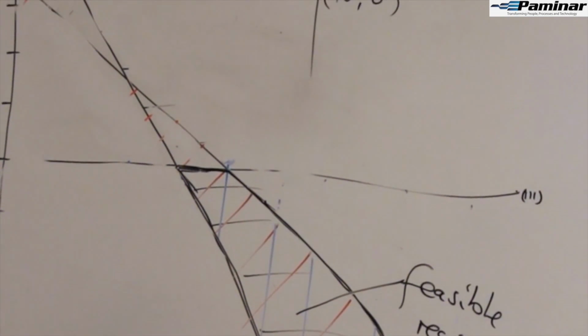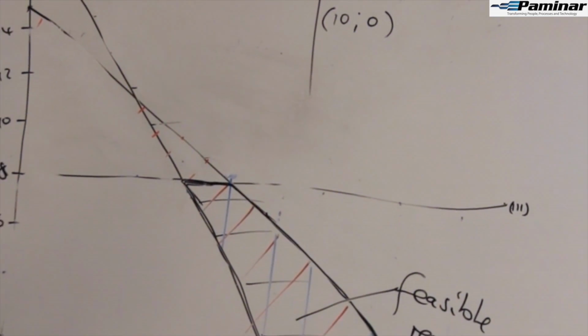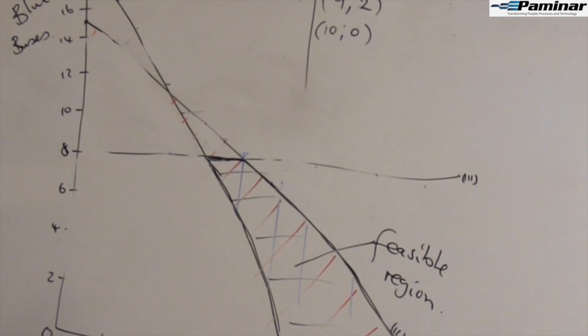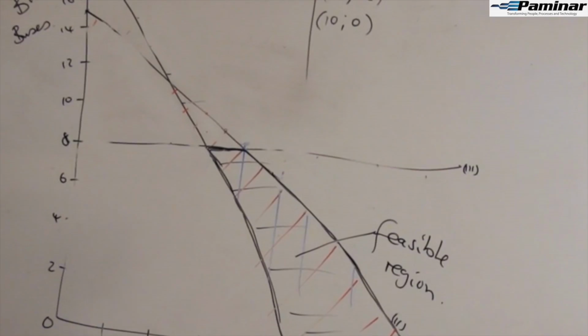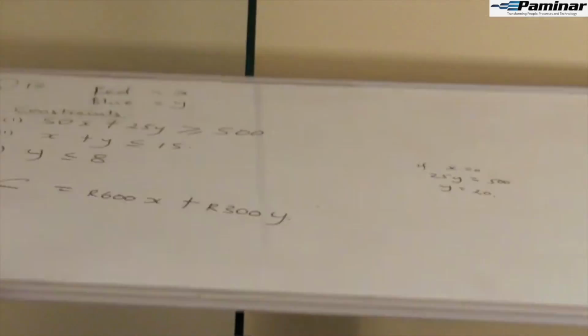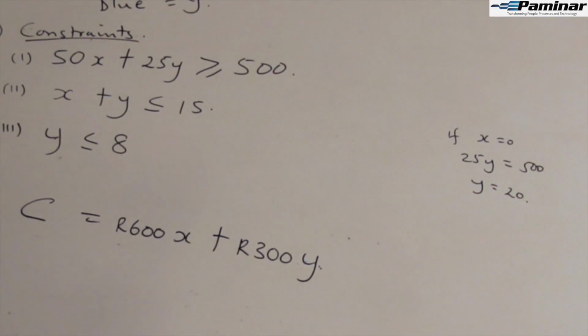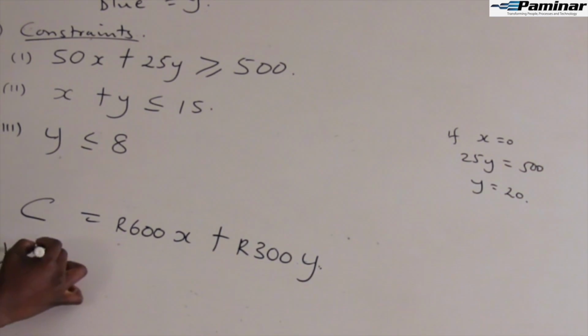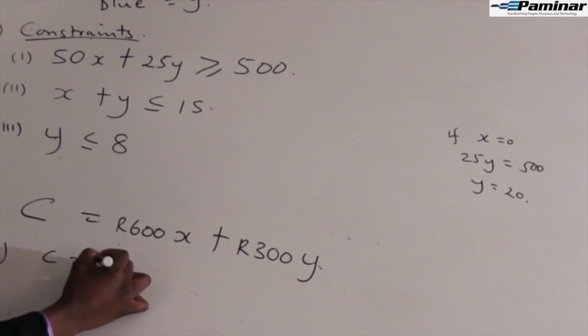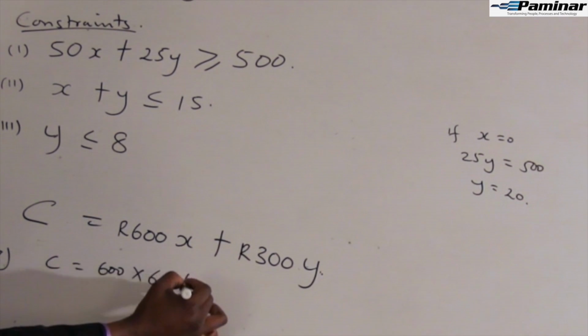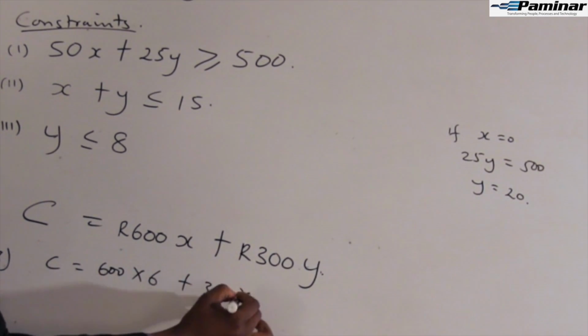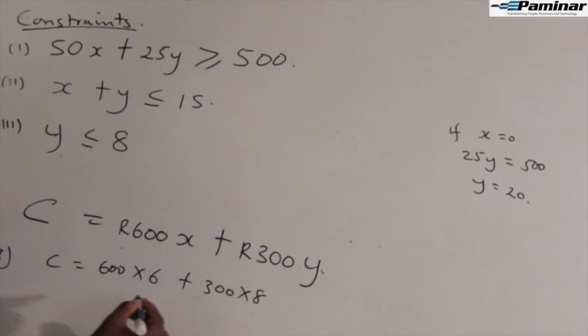But now it says calculate the minimum cost of hiring the bus. Remember the cost of hiring the bus. We have 6, 8, 7, 6. Now let's come in. The minimum cost of hiring the bus. Let's look at the first point, 6, 8. So minimum cost will be 600 times 6 plus 300 times 8.